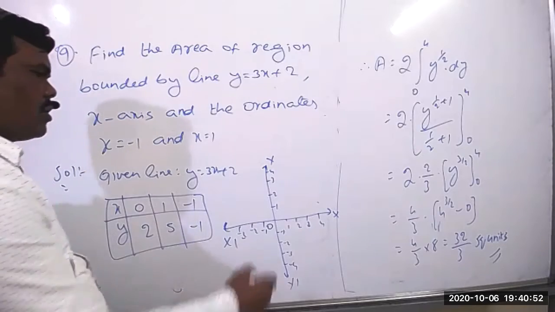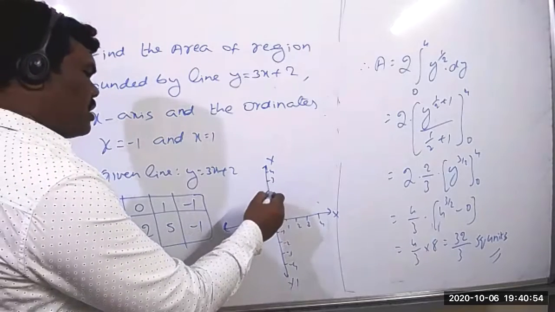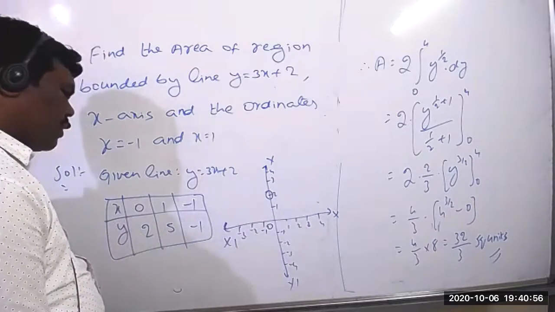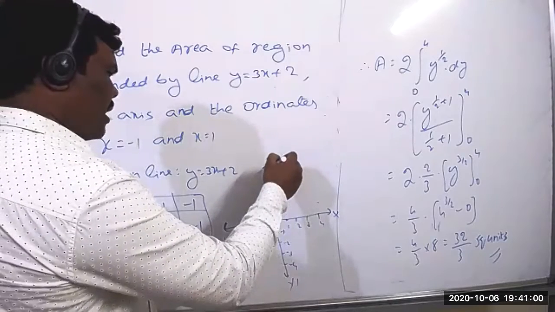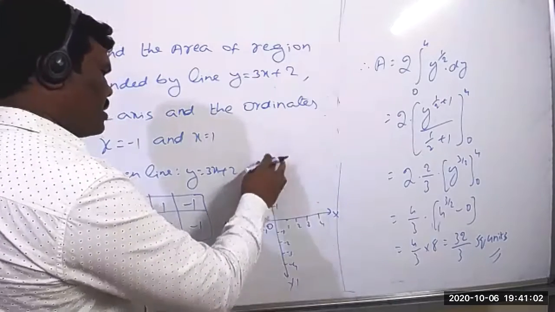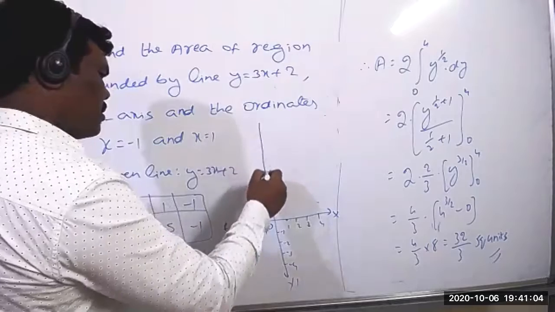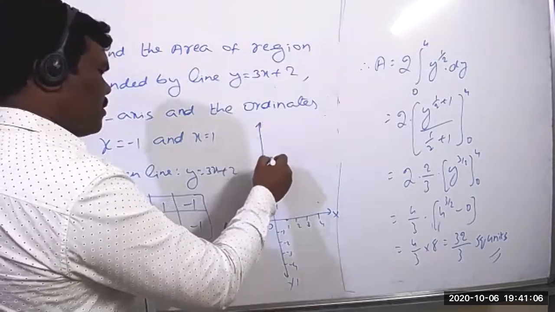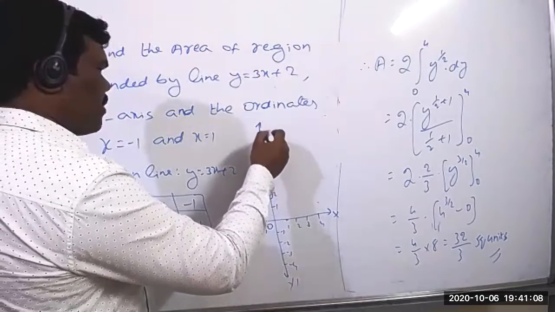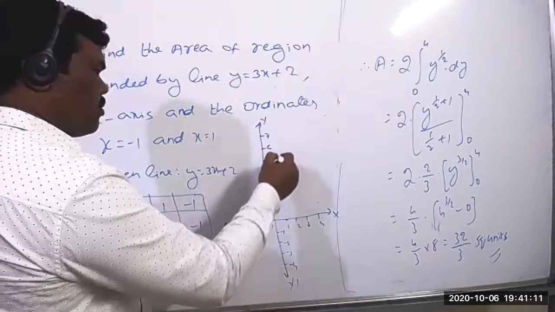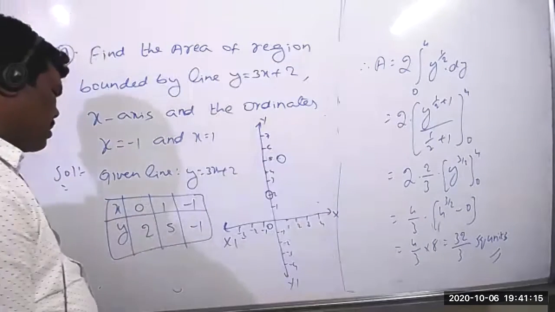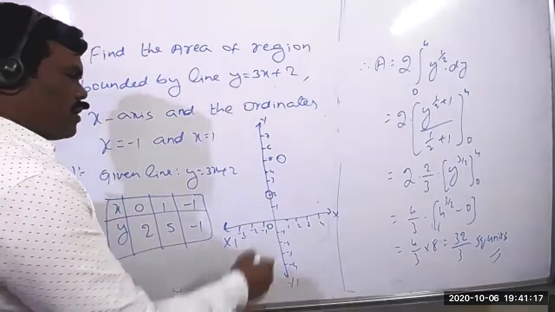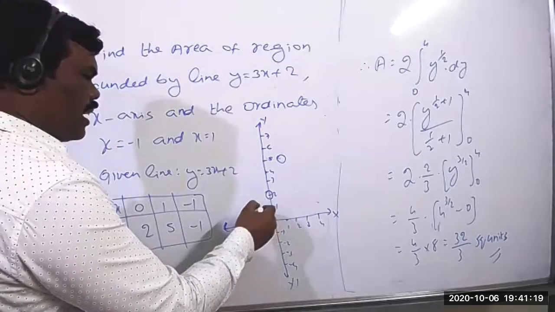The point 0, 2: where is it here? This is the point 0, 2. Then 1, 5, approximately here; if you want, extend the y-axis, 5, 6, 7. So 1, 5 approximately lies here. Then -1, -1.